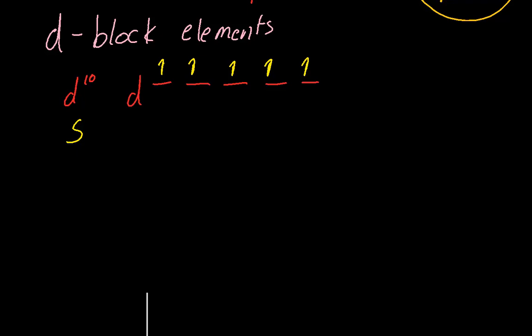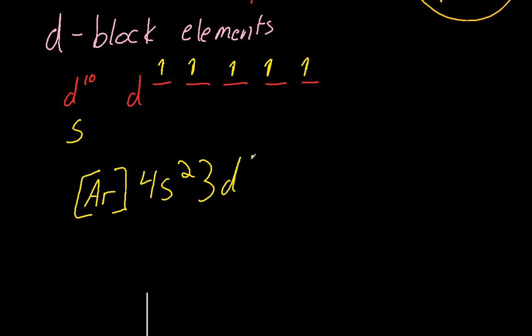Let's say I'm going to write an electron configuration. I'll do argon, using the shorthand notation, and then 4s2, 3d4. So what element is this? We have argon and then 6 elements after that: 1, 2, 3, 4, 5, 6.